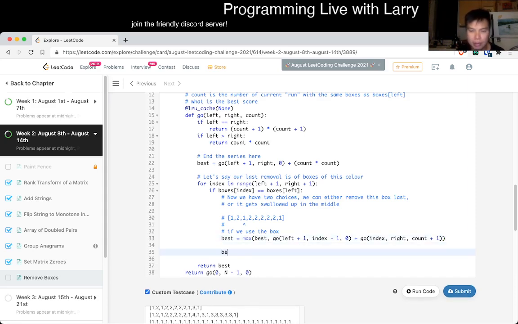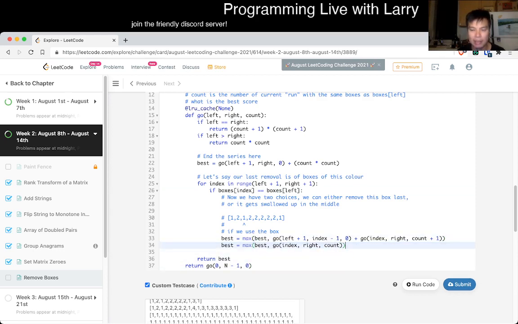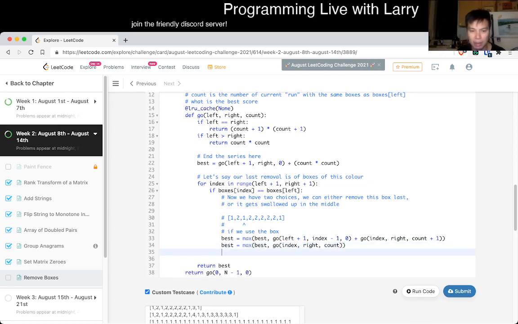Or we don't use it, then what does it look like? I don't know how to do it without thinking about a box, because then now we could compress stuff. Then can we do something like go of index, right, count? So that's what not doing it means, right? This is the equivalent of this for loop. So then now once we do this, this is the equivalent of the rest of the for loop, and then that means that we can return best, say.